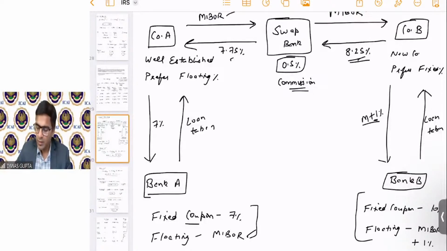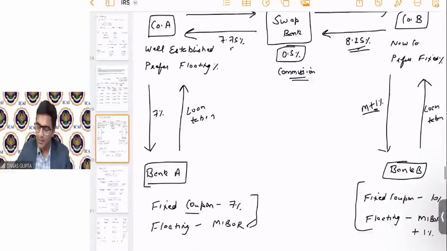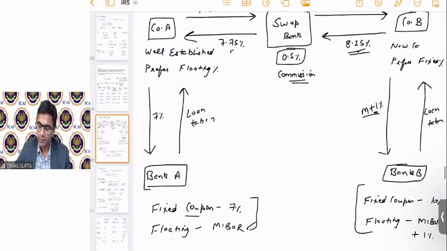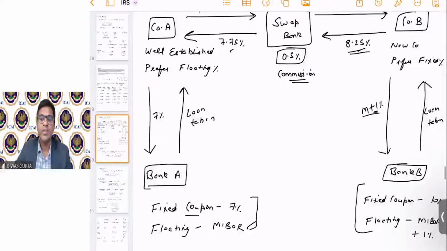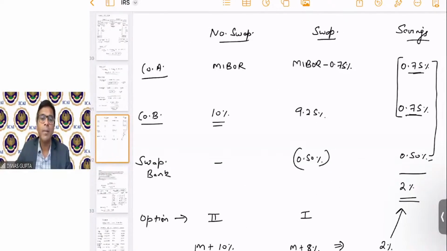Okay. So the second last question that we did is reflective of the same fact. Then we said that in case of swap, it will give benefits to both the companies as well as to the swap bank.